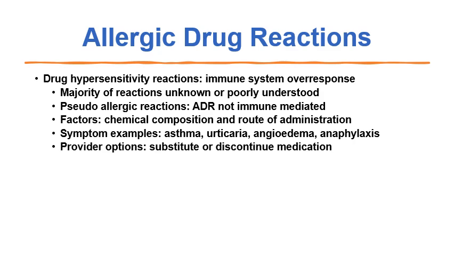So the provider has some options. They could either substitute something or just completely discontinue the medication. That'll be up to the provider to decide if there is another drug that can possibly produce the same benefit to what they're looking for. They'll either substitute it or just discontinue the medication.